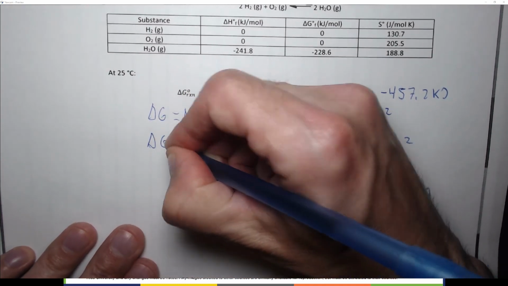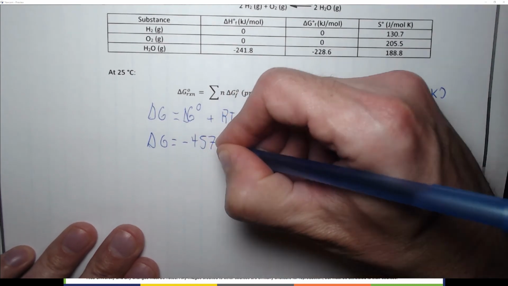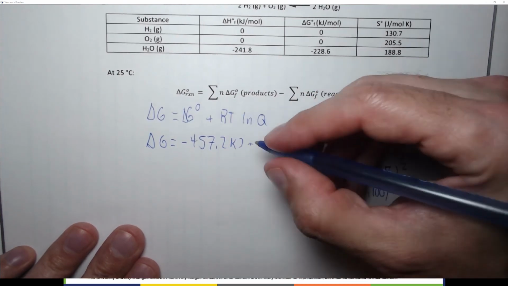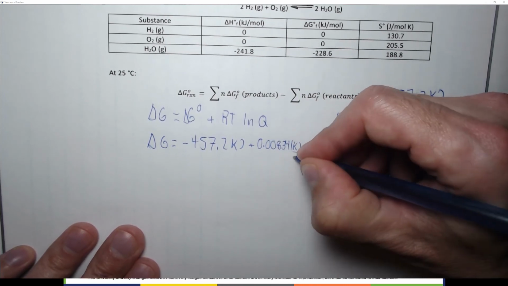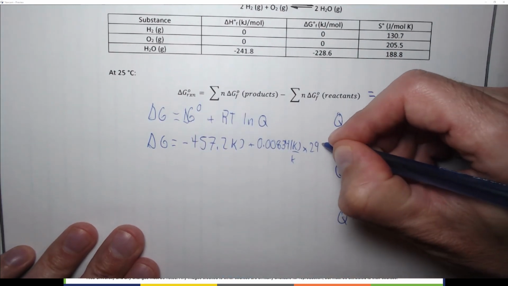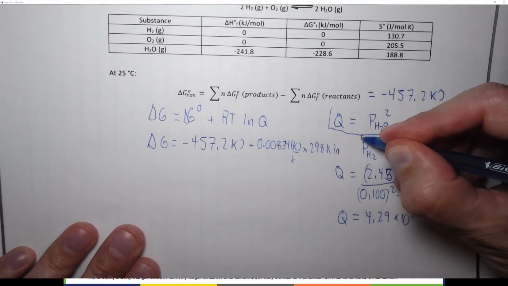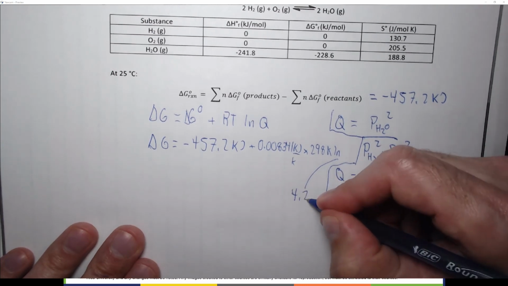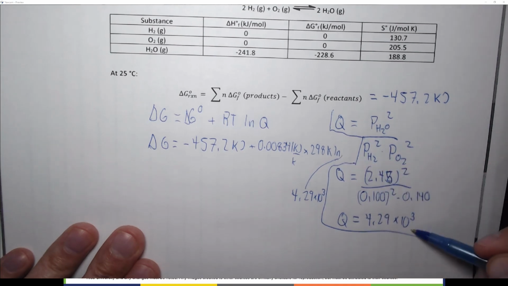So here, delta G equals negative 457.2 kilojoules plus R, I'm going to convert this into kilojoules, 0.008314 kilojoules per K, times the temperature, still 25 degrees C, so 298 K, times the ln of 4.29 times 10 to the third. So I'm basically plugging that in for the ln.